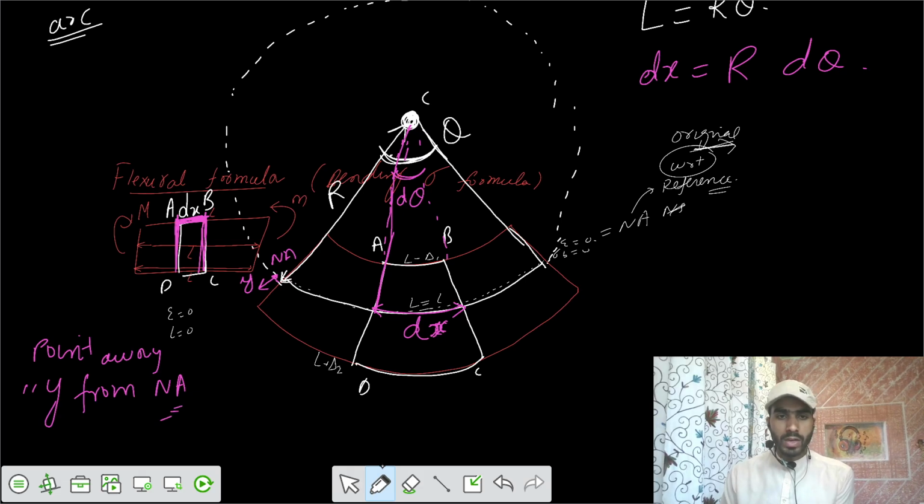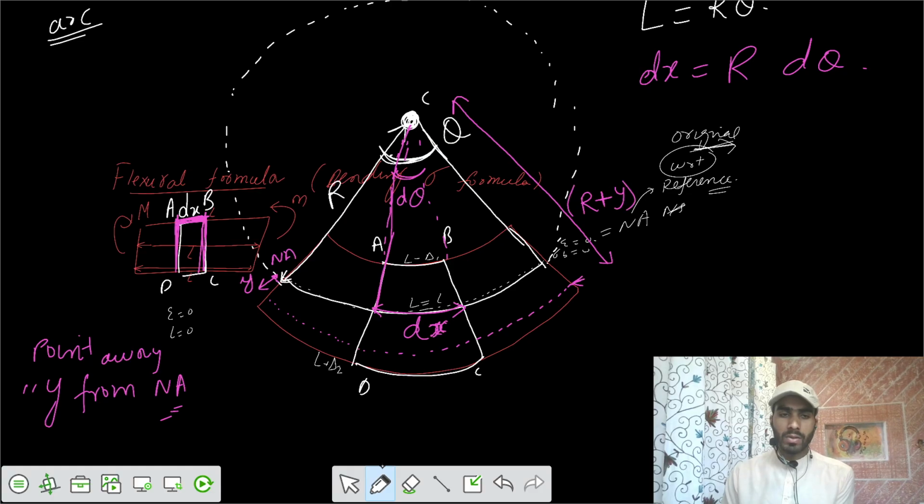you want to know the change in length, or the strain developed here. Let's talk about this line now. Can you tell me the length of this arc? This one is also in the form of an arc, so its radius is r plus y.